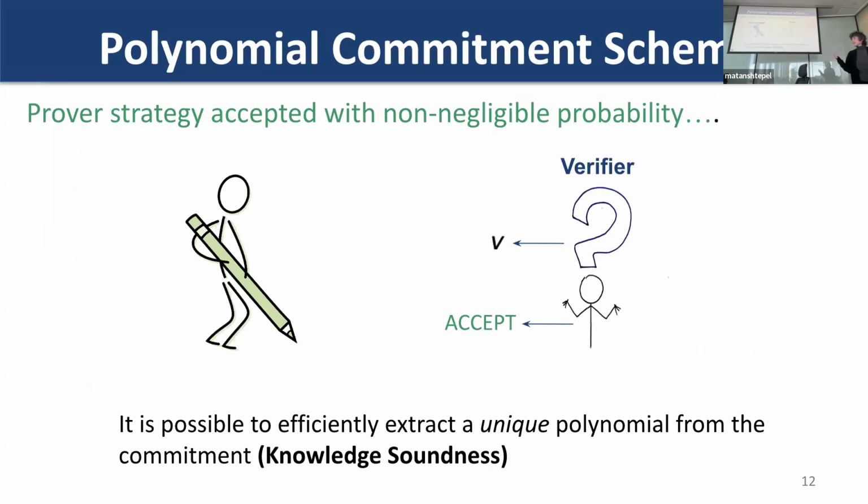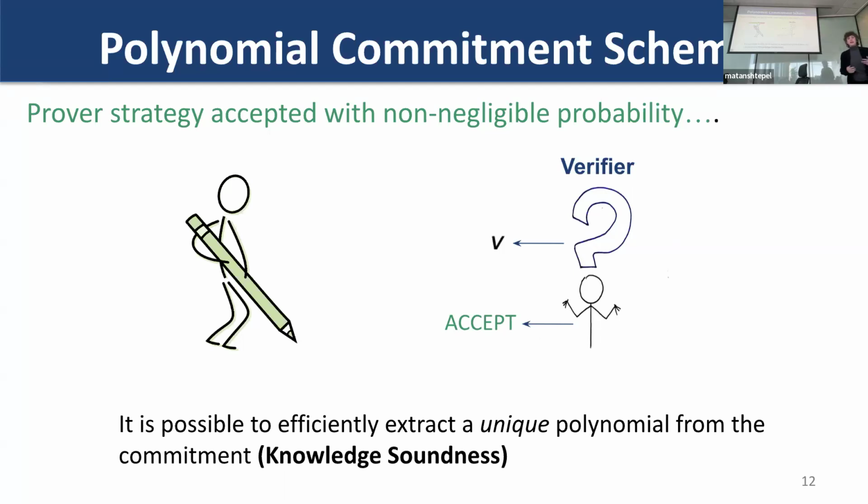And the key security property to look out for with polynomial commitment schemes is knowledge soundness, which says that if a prover strategy is accepted with non-negligible probability, then it is possible to efficiently extract a unique polynomial from the commitment. And so the idea behind this is that we don't only have that malicious proofs are not accepted, but also that if anything's accepted, it's also meaningful.